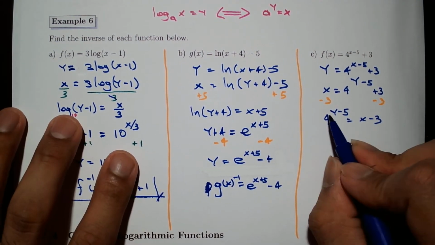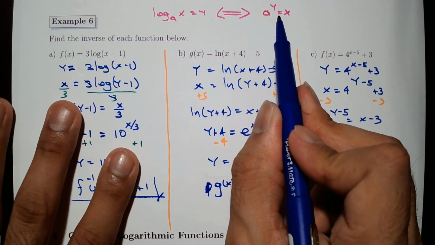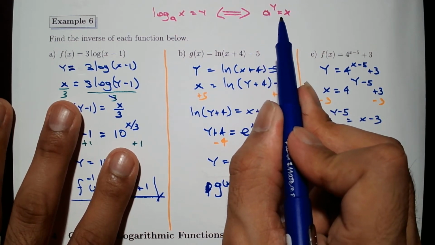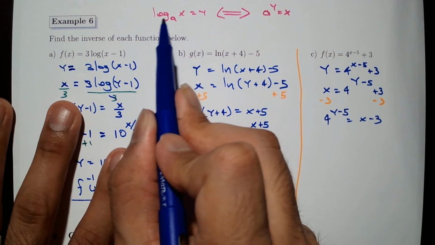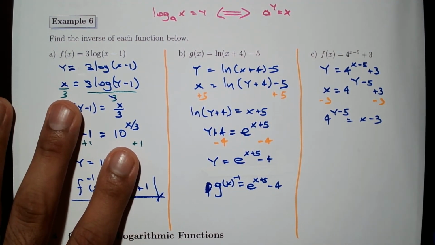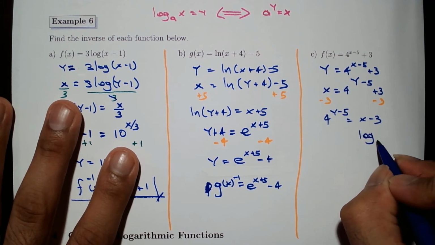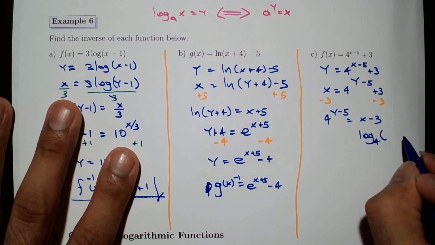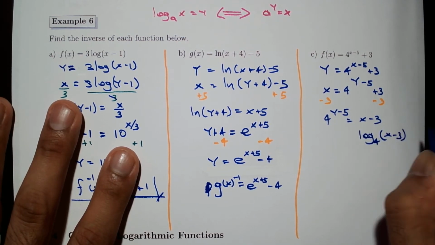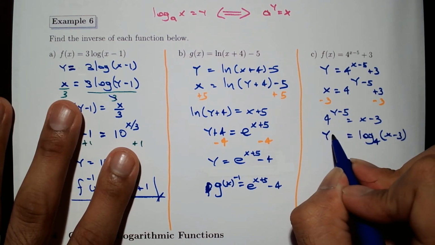And now in order to change this, we're going to go this way. We're going to change from the exponential statement into a logarithmic statement. So in this case, the base is 4. That means we are going to have a logarithm of base 4 of the quantity x minus 3, and we just carry this y minus 5.